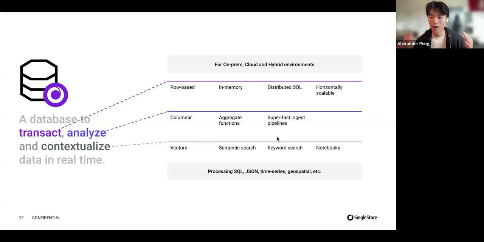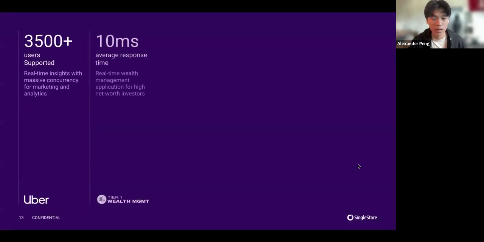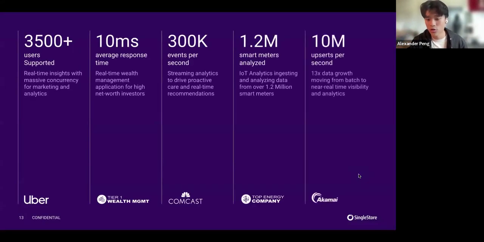Obviously today we're talking about vectors and semantic search, and we've actually supported vectors and semantic search since 2017. So we are one of the best equipped companies and databases to actually handle vector and semantic capabilities. Just some stats and metrics on some of our customers.